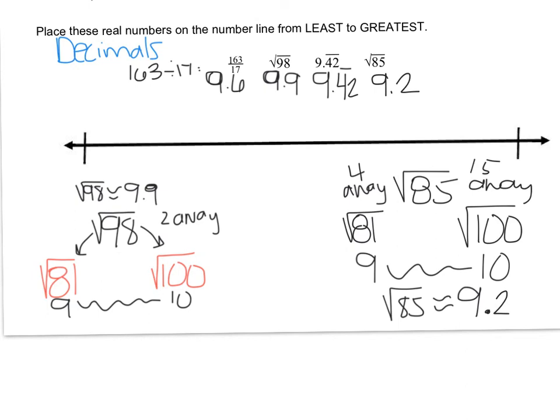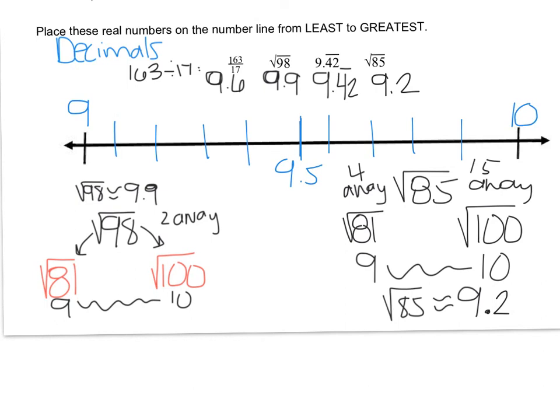So let's go back. This is going to be 9, and this is going to be 10. Because all of those numbers are between 9 and 10. This is your 9.5. Let's do this. 1, 2, 3, 4. This is your 5. 6, 7, 8, 9.